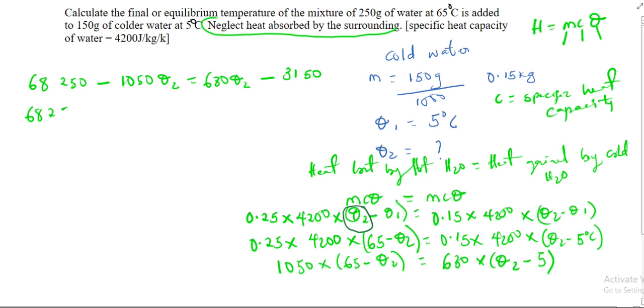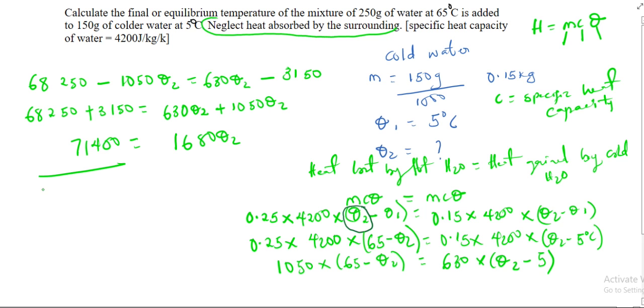We have 68,250 plus 3,150 equals 630 theta 2 plus 1,050 theta 2. So 68,250 plus 3,150 will give us 71,400, equals 1,680 theta 2.